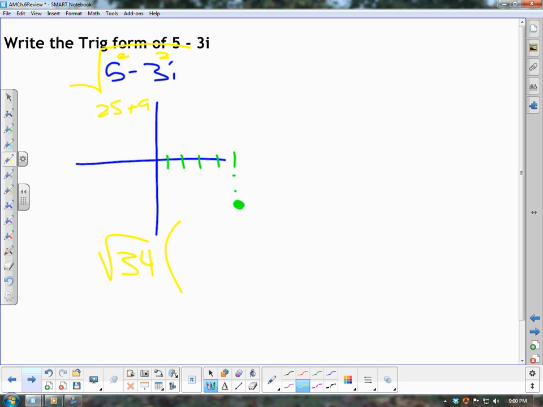And then what's this angle? Let's see, we would want to do inverse tangent of negative 3/5.